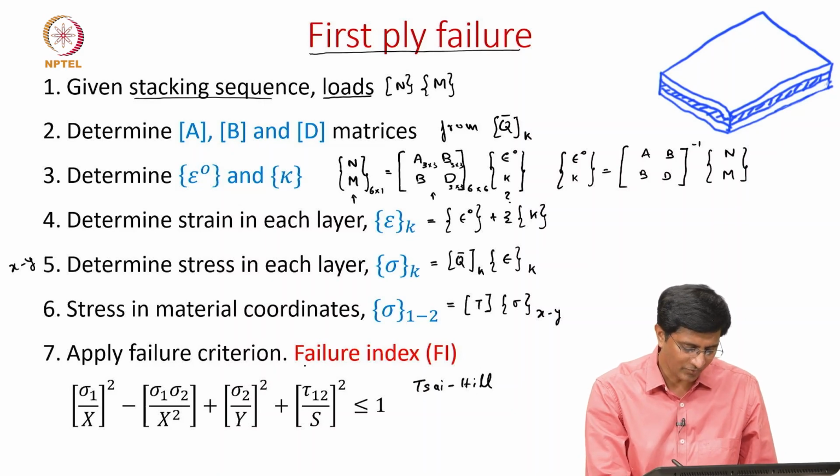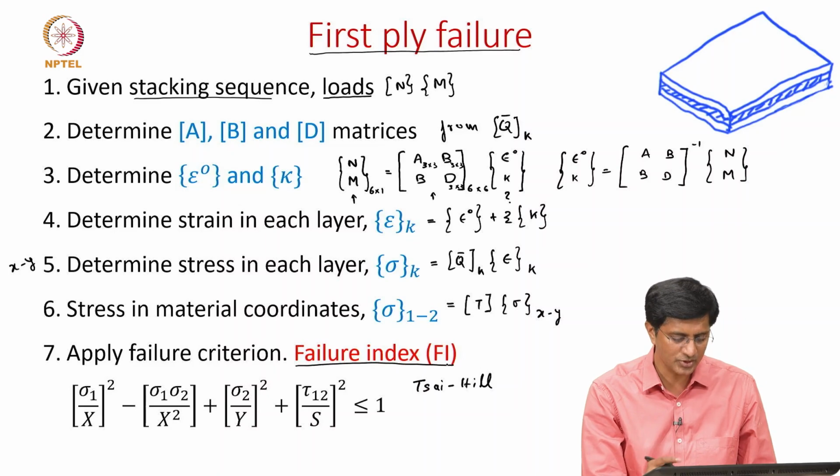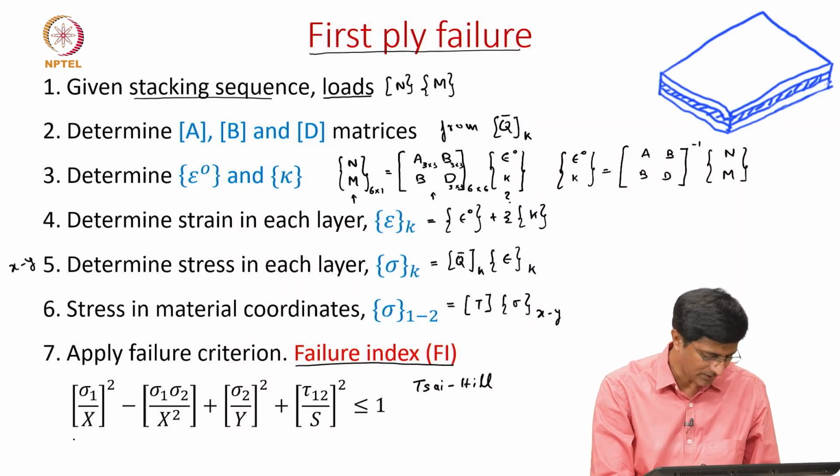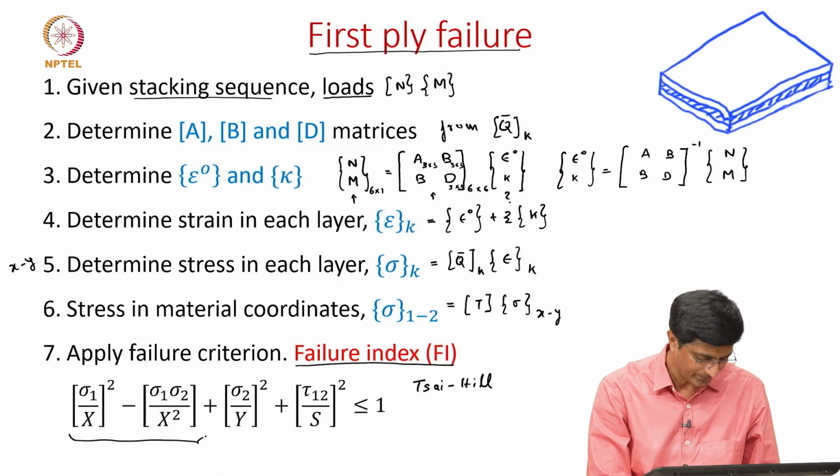Here let me emphasize what we are interested in is to find the failure index, but now the question is what is the failure index. So in this equation, the left hand side, which contains this expression sigma 1, sigma 2, tau 12 and the strengths X, Y and S, if you evaluate the left hand side, this should give the LHS or failure index.